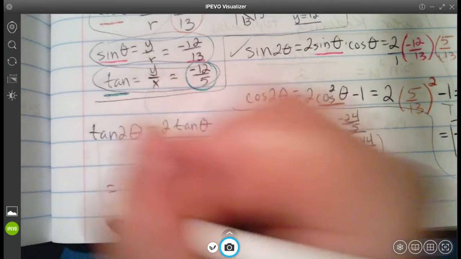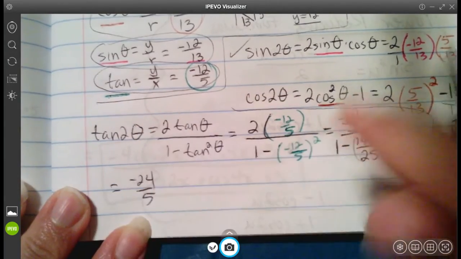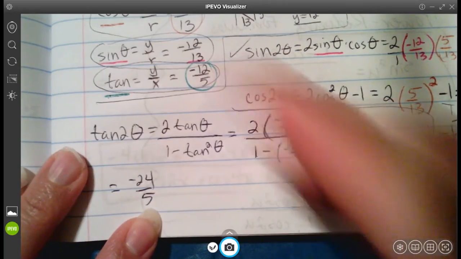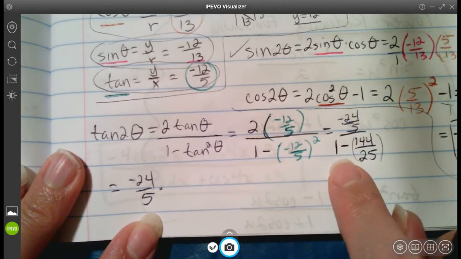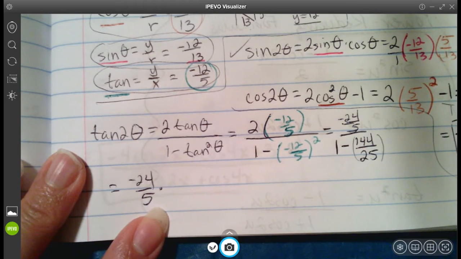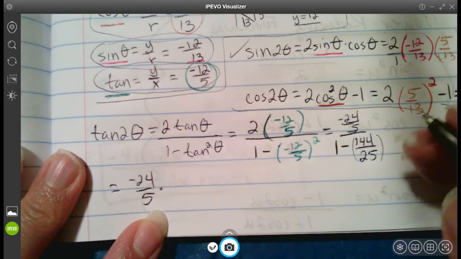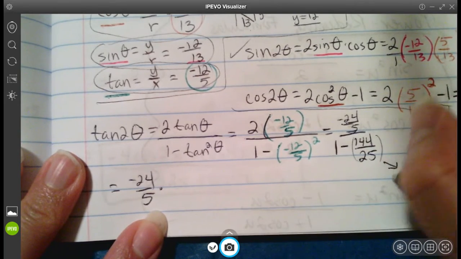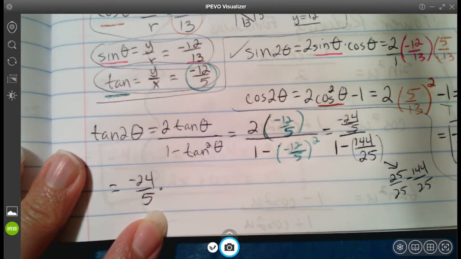So then I have negative 24 over 5. I'm going to do my keep flip change already in one step. I'm going to have to change that 1 to a denominator of 25, so that would be the same as 25 over 25 minus 144 over 25.